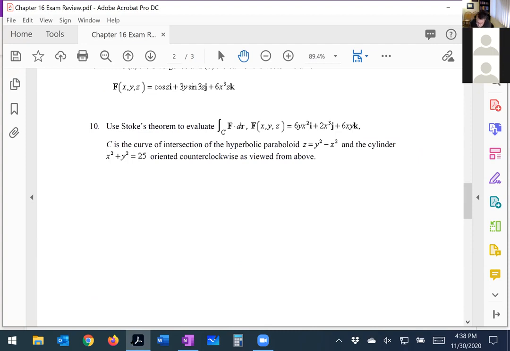Okay, is the curve of the intersection of the hyperbolic paraboloid z equals y squared minus x squared, and the cylinder x squared plus y squared equals 25, oriented counterclockwise as viewed from above. Okay, so positive orientation basically, right? Counterclockwise is positive orientation.